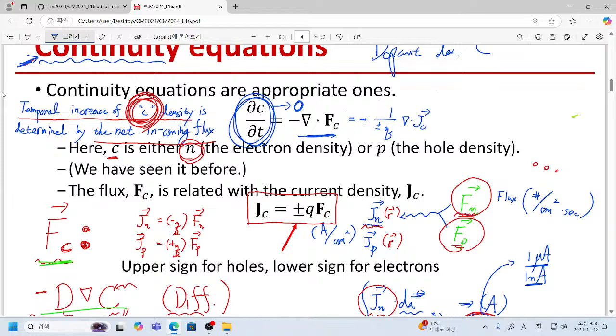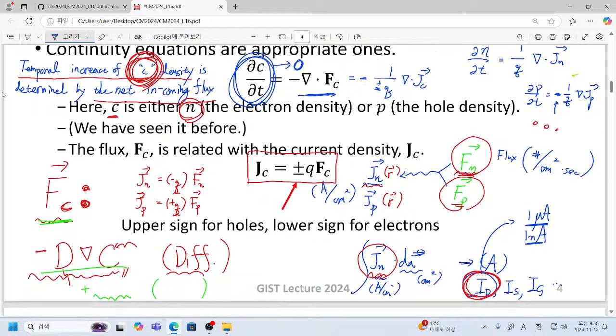If we consider the electron continuity equation, then in this case a negative sign is involved, so we will have 1 over q times the divergence of Jn. That will be the form of our electron continuity equation. On the other hand, if we consider the hole continuity equation, you will have this form, with a minus sign here.